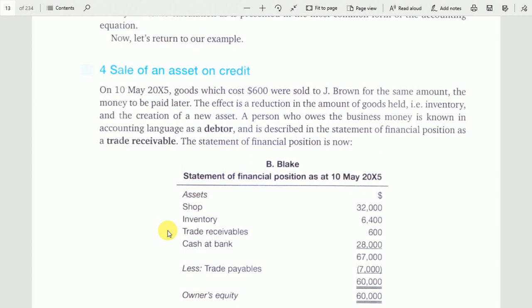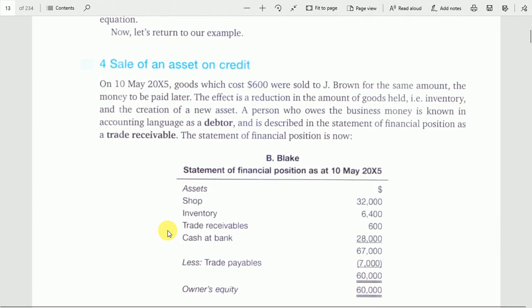So you are not going to receive cash at the moment, but you are going to receive cash at some future time. So this is going to be your accounts receivable, which is your current asset. So the impact to the accounting equation is one current asset increases in the form of accounts receivable, and the other asset decreases in the form of goods which you are going to sell.